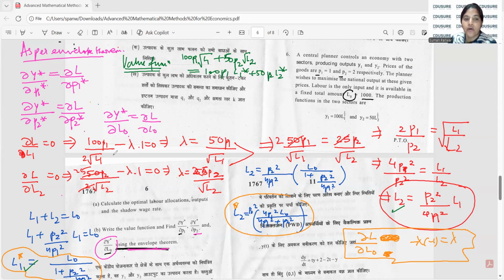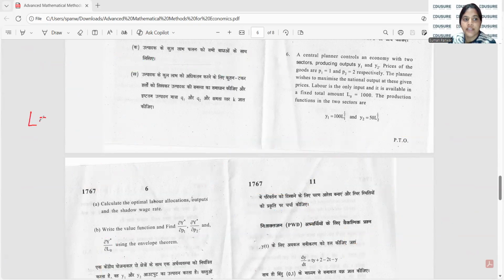If you want to get these three results using the envelope theorem, just use your Lagrange function as it was written. So what was your Lagrange function? Once again, it was 100 P1 root L1 plus 50 P2 root L2 minus lambda times L1 plus L2 minus L naught.